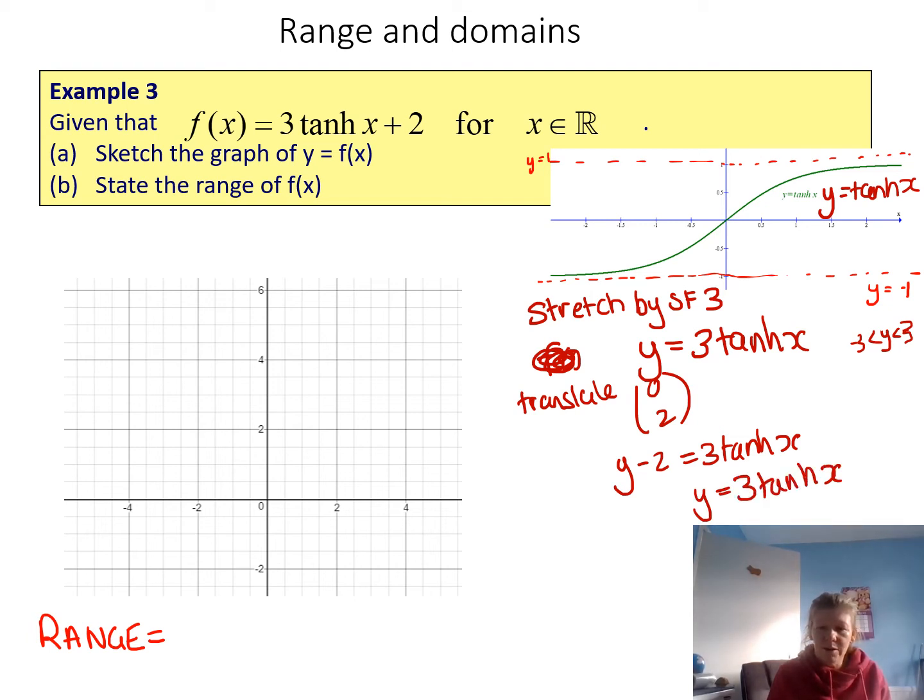And then basically what's happened, we've moved them all up 2, haven't we? Move them all up 2, so it now goes between minus 1 and 5. So we need to draw asymptotes at, oh no, asymptotes at 5, that's at 6. Oh, nuisance. Oops, that's the wrong thing. Oops, where's my pen gone now? Lost it.